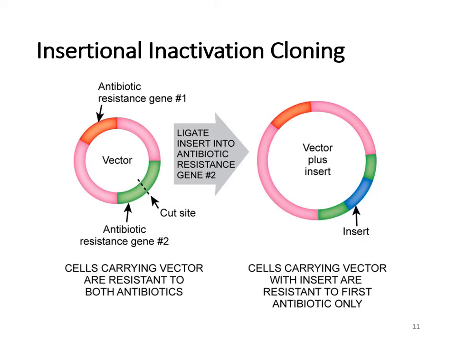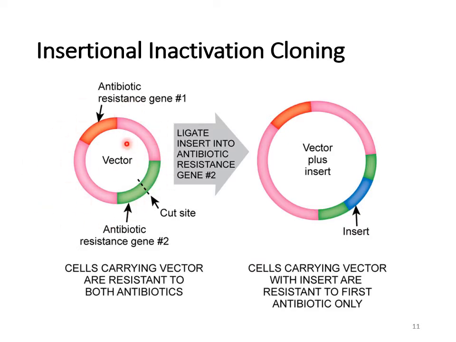So this is the insertional inactivation method of trying to see if your bacteria successfully took in the insert or the new gene. Okay, this is basically what you see in the blue and white ligation transformation experiment. So you have this plasmid over here. Okay, in this example, it's not the blue and white case.